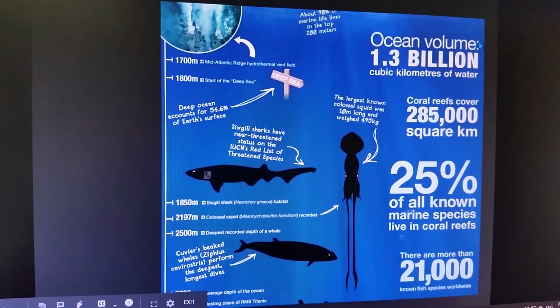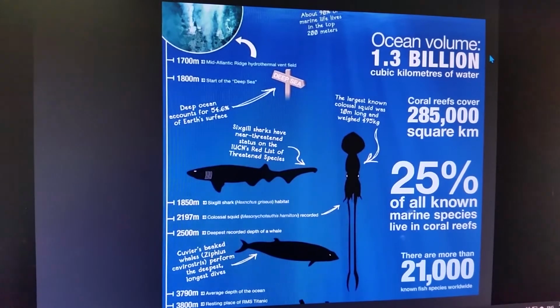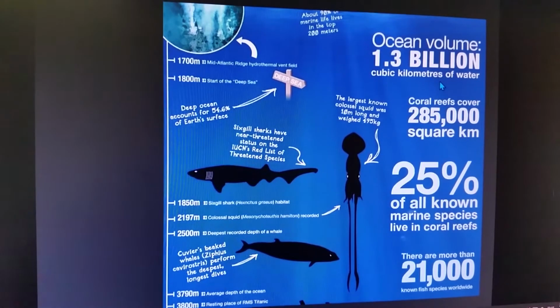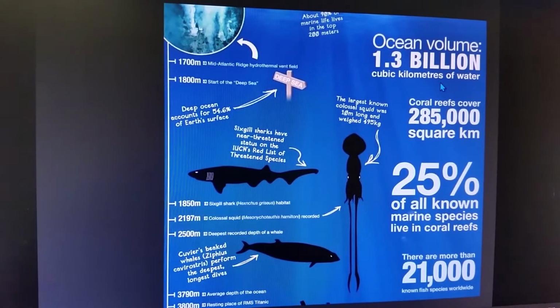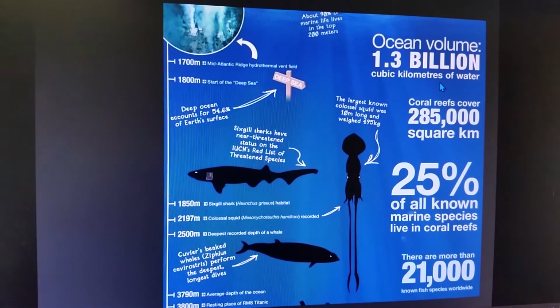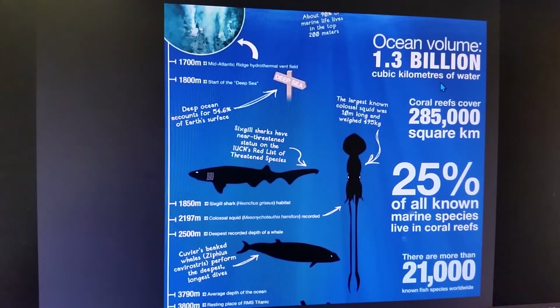I want to hit this one just because I want you to understand how big the ocean really is. They say that 1.3 billion cubic kilometers of water. Now, I know you're not familiar with a kilometer. Miles is a stretch, but here's a thought. A cubic mile is a cube-shaped dimension that's a mile long, a mile high, and a mile deep.